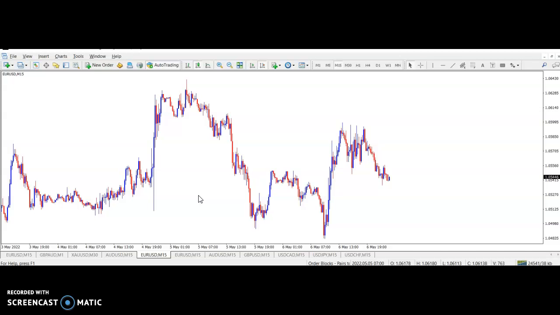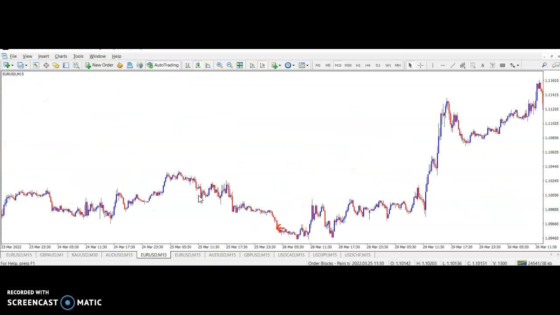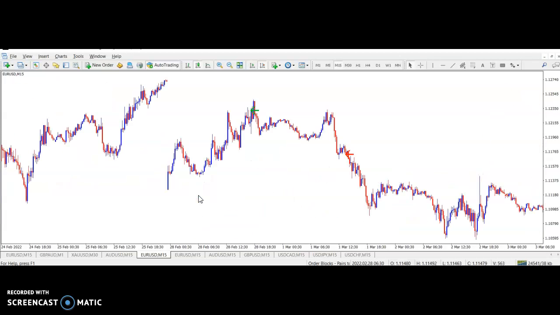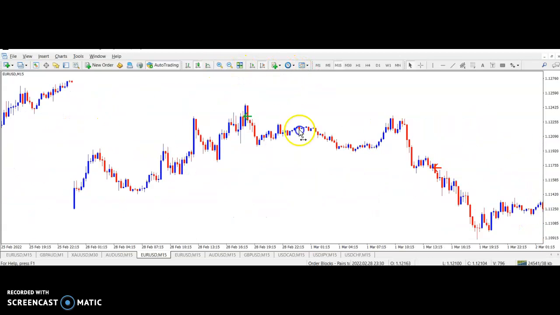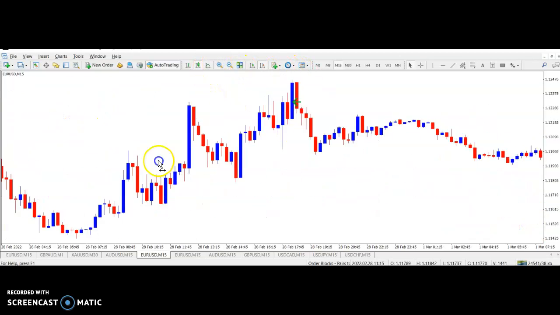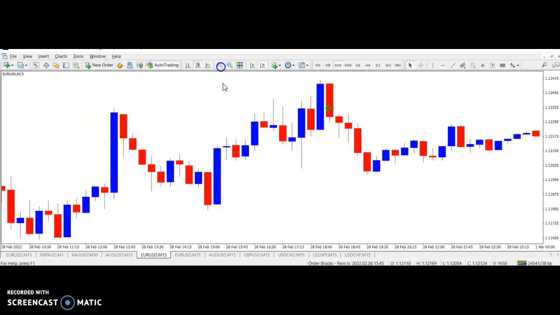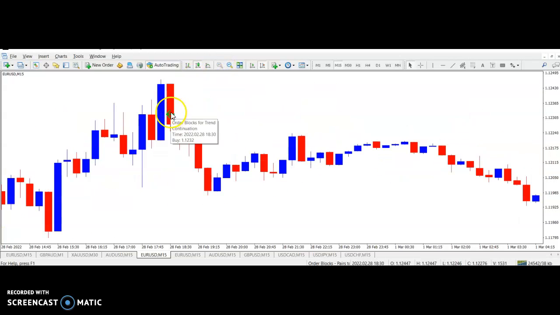So let's just go back a little bit here and have a look at some of the signals. Here we go. Here's one. Let's just zoom in a bit. Okay, so this signal here would have appeared at the beginning of this candle here. So this would be considered your order block.